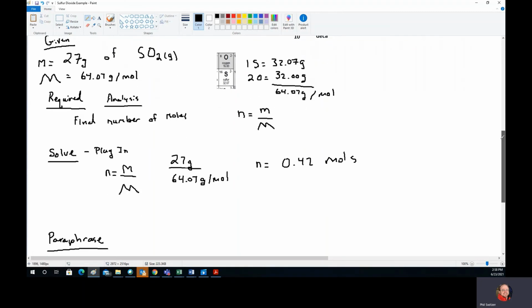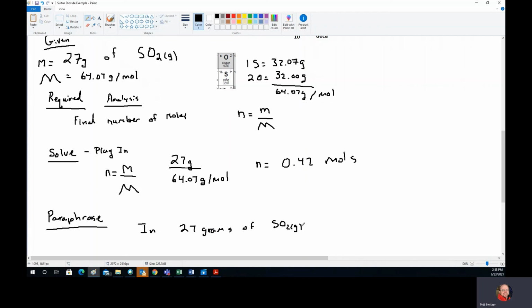Next and last step is to paraphrase, write it in a sentence. So you take your original question, which is how many moles of sulfur dioxide do we have? And so in 27 grams, because that's what was given, in 27 grams of SO2, sulfur dioxide, there is 0.42 moles.